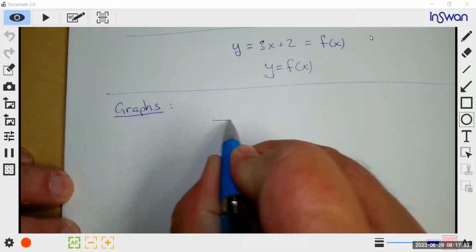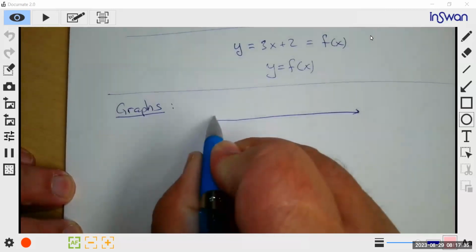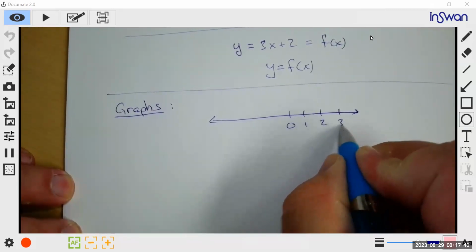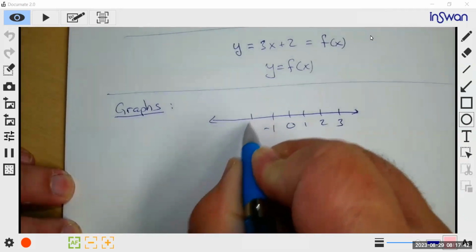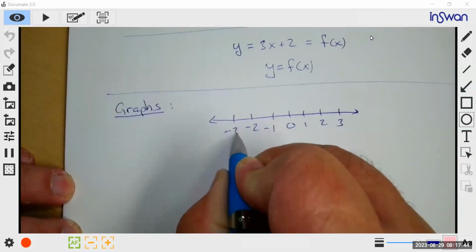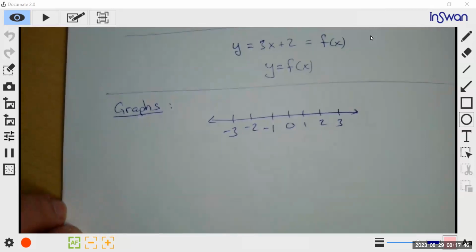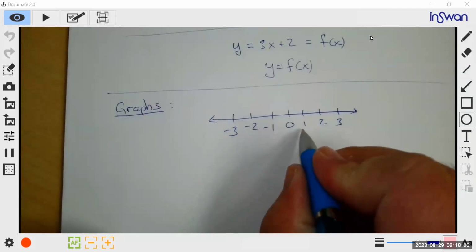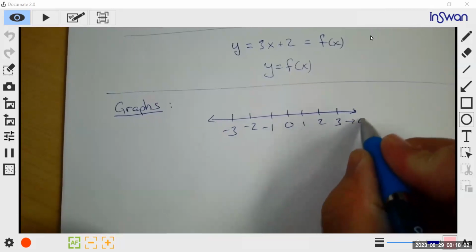The first graph you ever did was a number line. If you think of the whole evolution of it, you first learn to do what? You first learn numbers, learn how to count. When you count, what do you start with? Yeah. So this goes all the way to positive infinity.